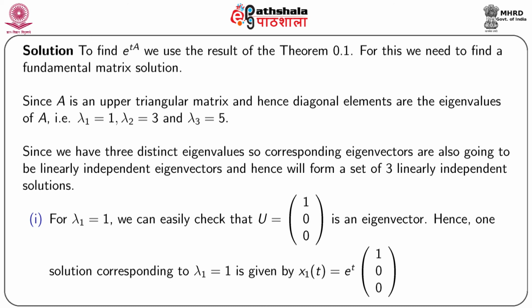And as explained before, please note that this eigenvector is not unique, there can be other eigenvectors also, and in that case this (1, 0, 0) will be replaced by that particular eigenvector.